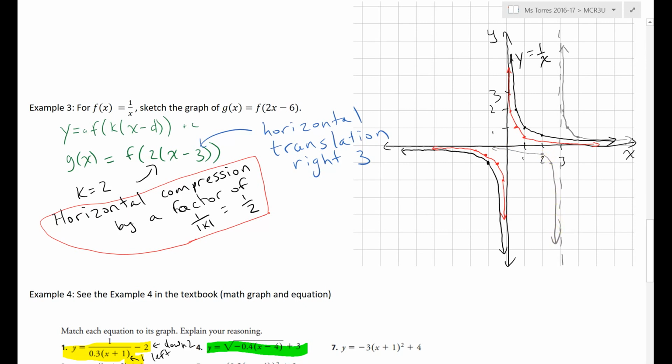Great. So I'll go over that one more time, maybe in a better color to see. Okay, so now we have y is equal to f of 2x minus 6.